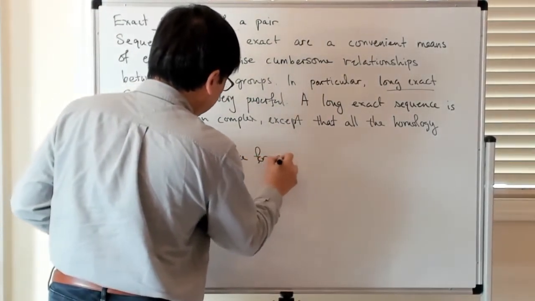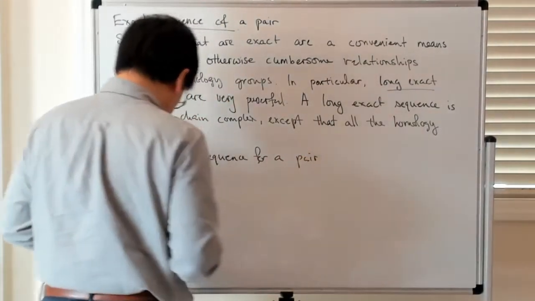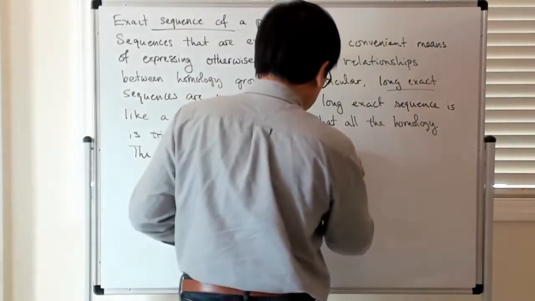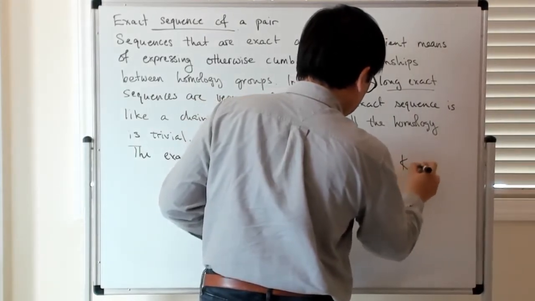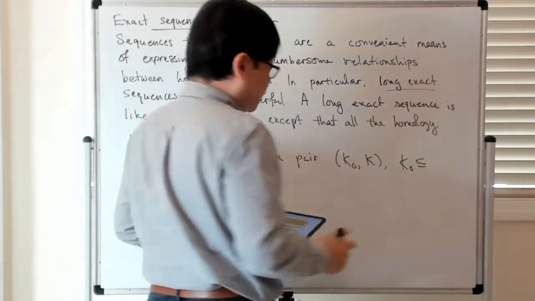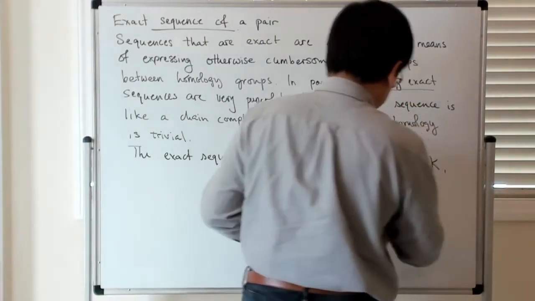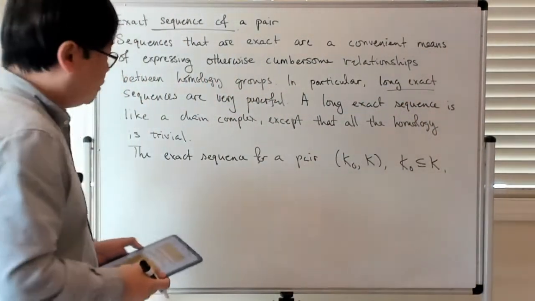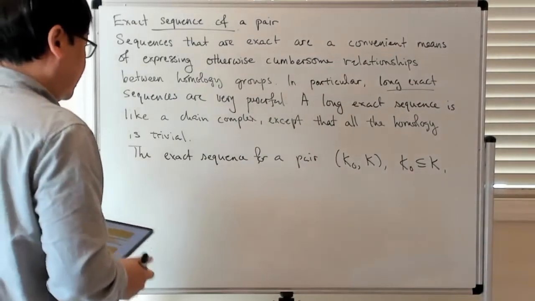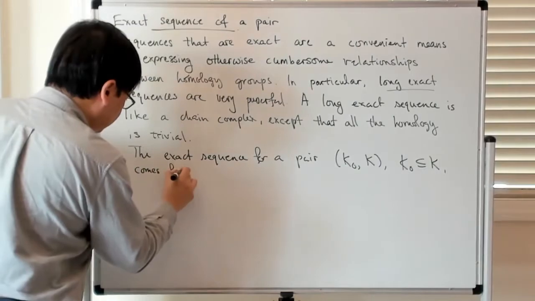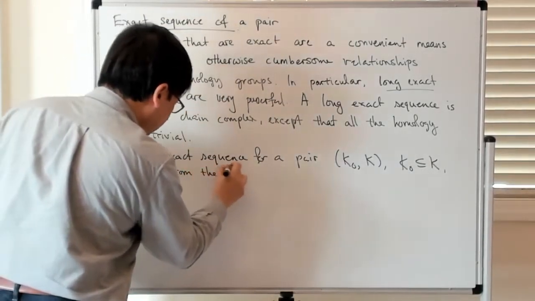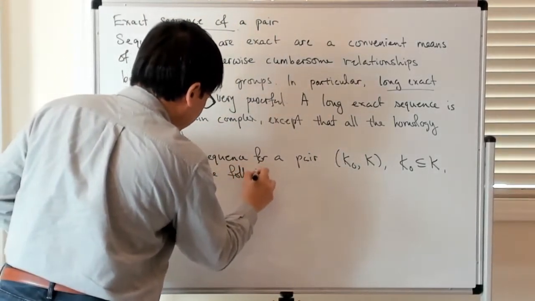What I mean is that I'm talking about K0, K, where K0 is a subcomplex of K, which is the usual setting for relative homology, and it comes from the following exact sequence, if you will.